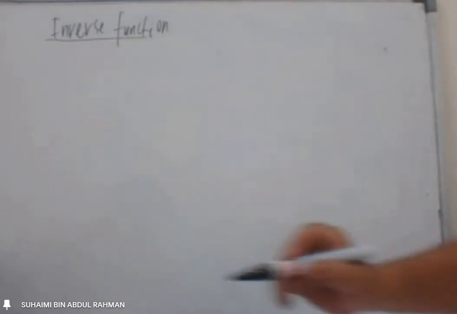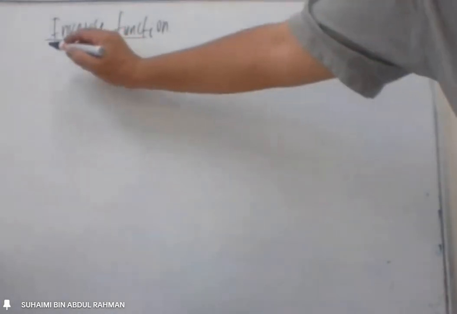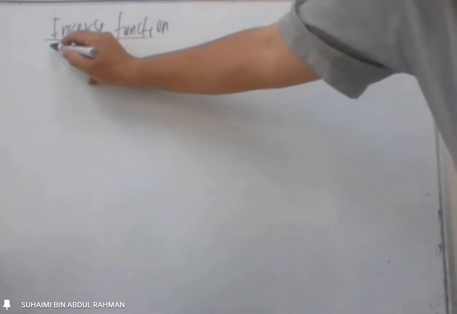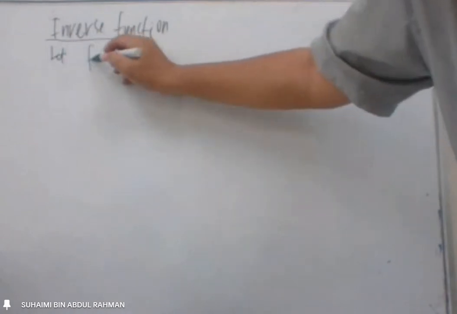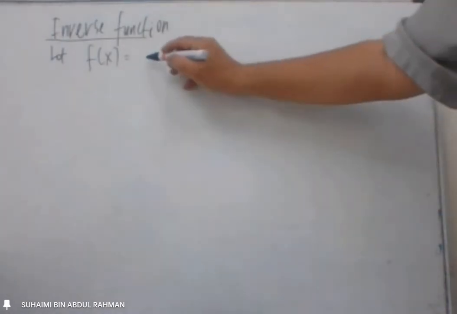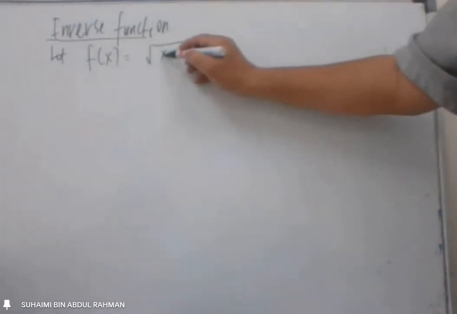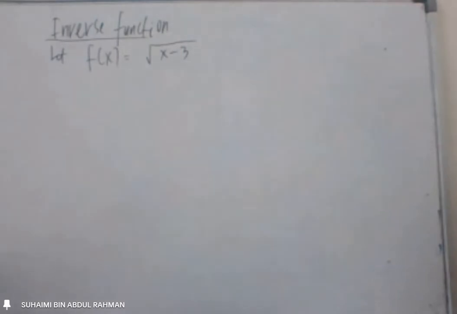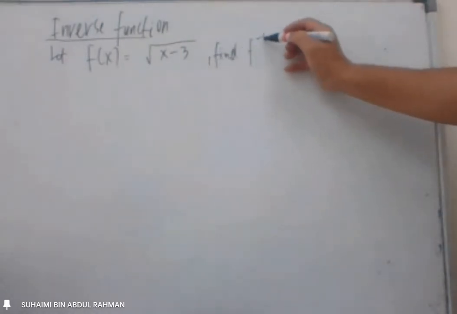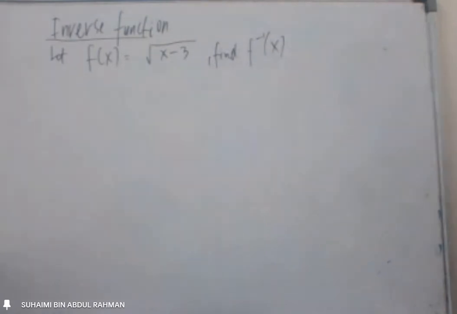Okay, let's say, to determine the inverse function, let the function f(x) be the square root of x minus 3. Find f inverse.